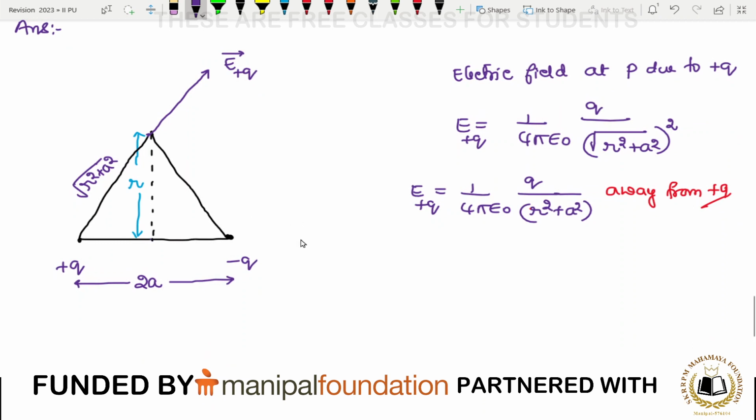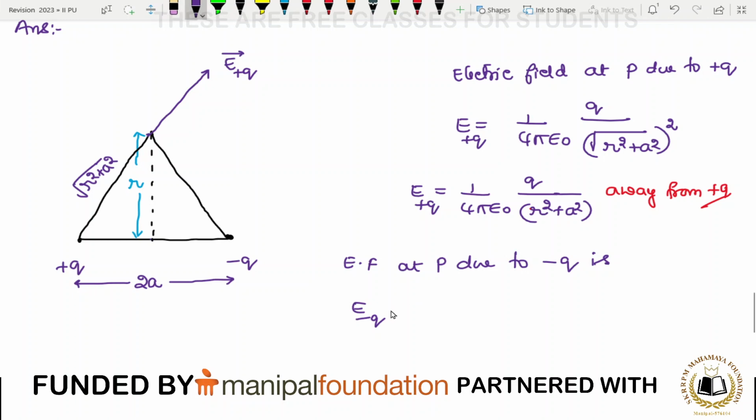Okay. Next, similarly I'll write the electric field at P due to minus Q. I'll write in short form. Now I'll write E minus Q. I cannot write vector here, only magnitude.